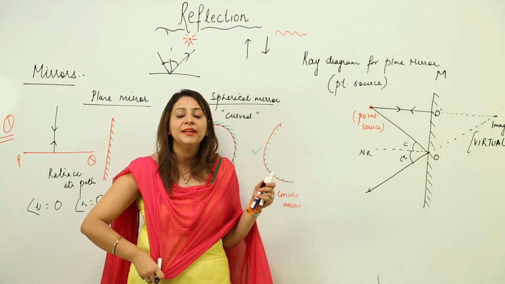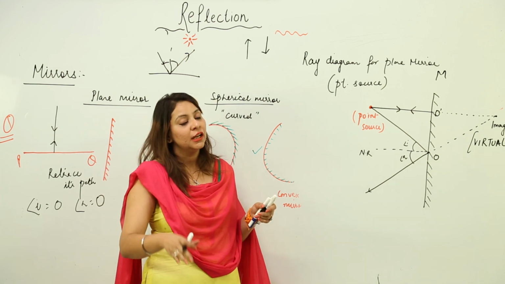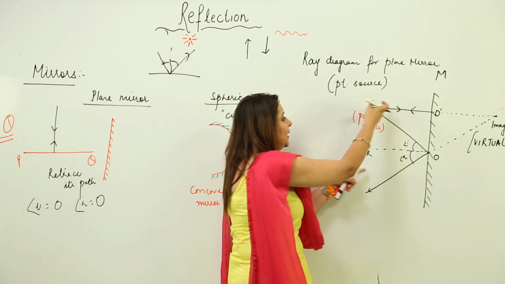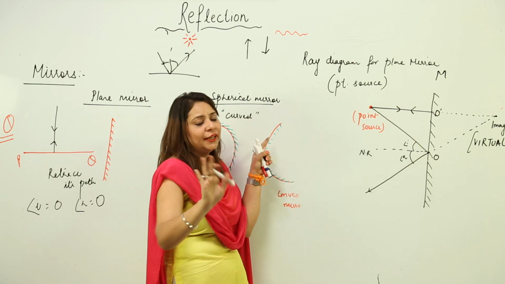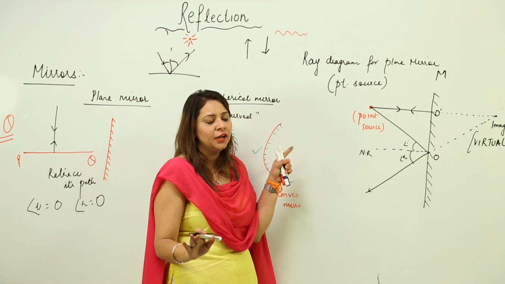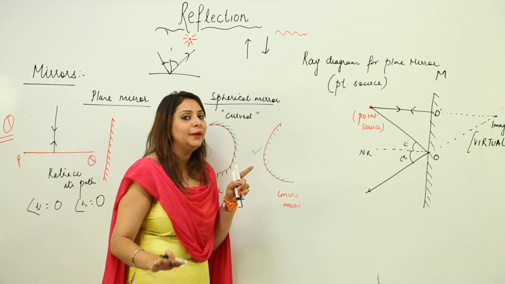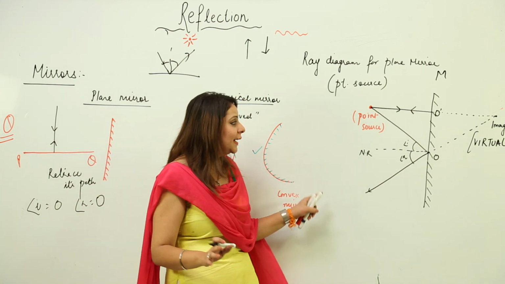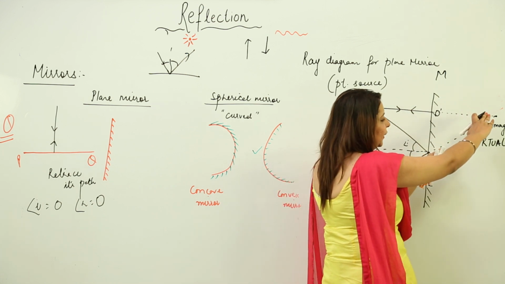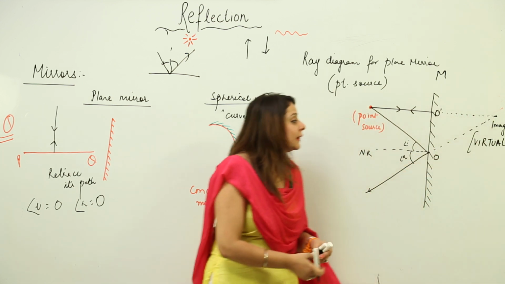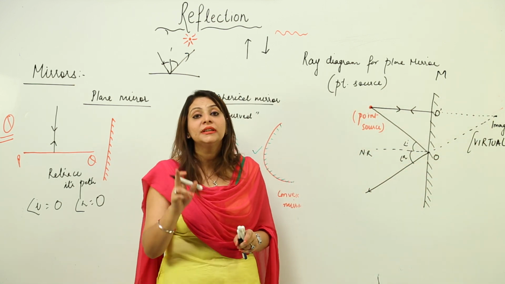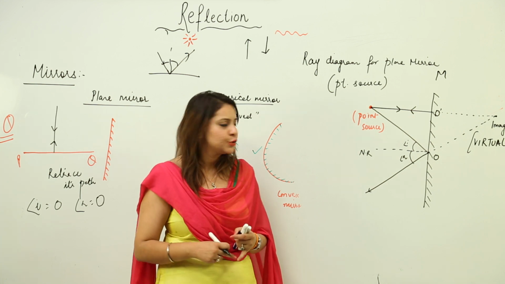Real ones are those when reflected rays are actually meeting. In the case of a plane mirror, they don't actually meet. We'll observe that in the case of spherical mirrors, but otherwise if we talk about the plane mirror, they don't actually meet. But when you extend them behind the mirror, we see in a hypothetical way that they are meeting at a certain point. So that image is called a virtual image.